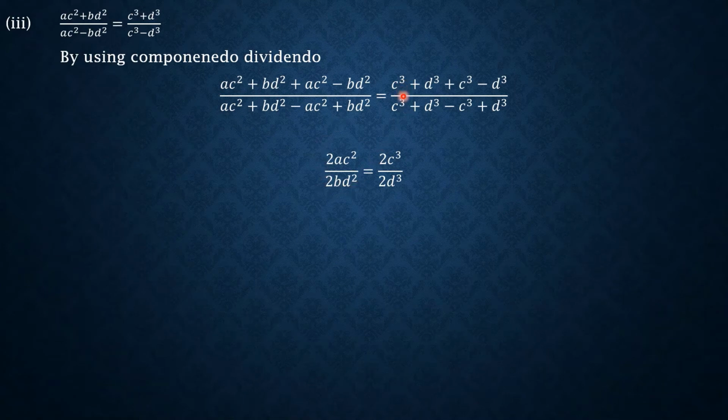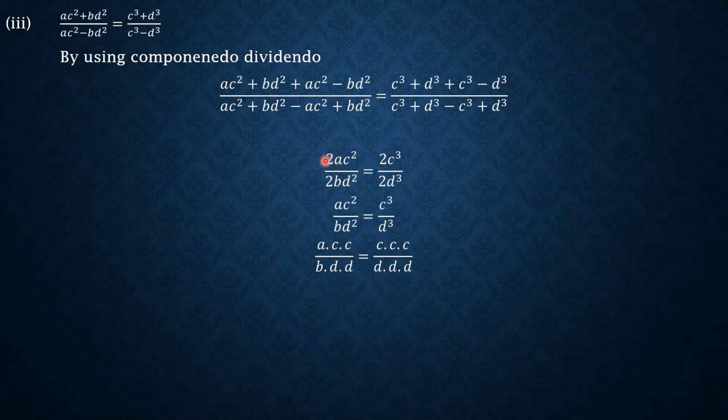Now come to the right side, c cube plus c cube. This equals 2c cube, and d cube minus d cube. These two terms will be cancelled by each other, divided by c cube minus c cube. These two terms will be cancelled, and we have d cube plus d cube equal to 2d cube.